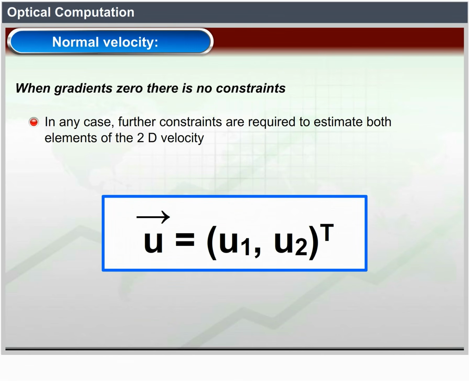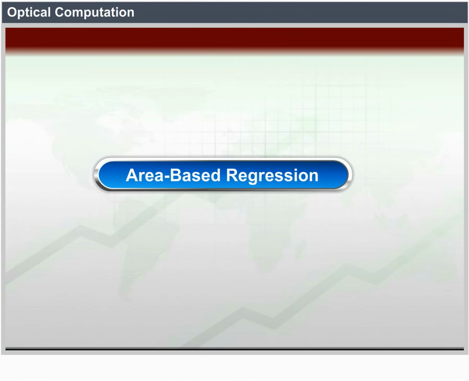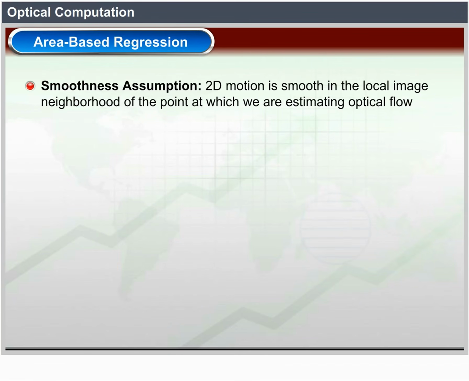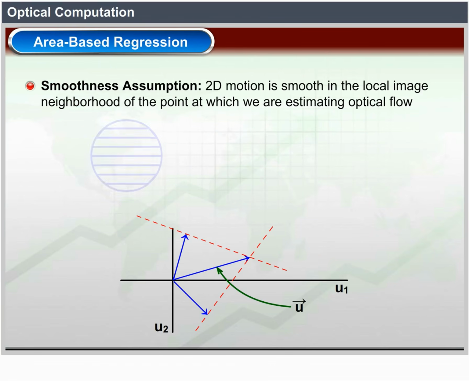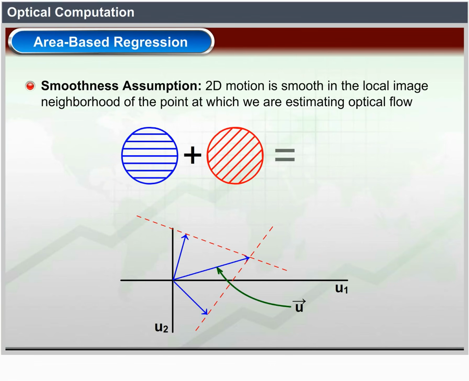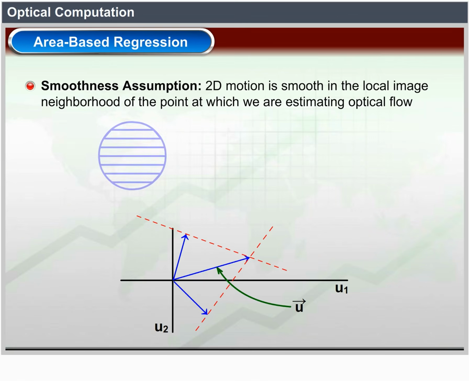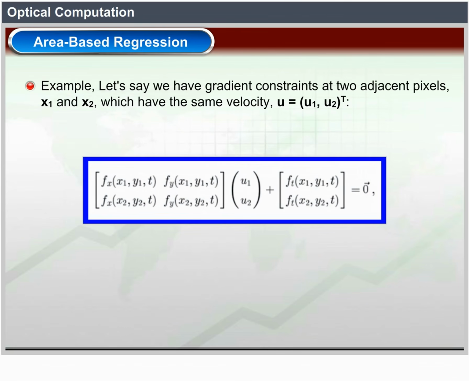Area-based regression. Smoothness assumption: 2D motion is smooth in the local image neighborhood of the point at which we are estimating the optical flow. For example, let's say we have gradient constraints at two adjacent pixels, x1 vector and x2 vector, which have the same velocity u vector. We will not satisfy all constraints exactly.